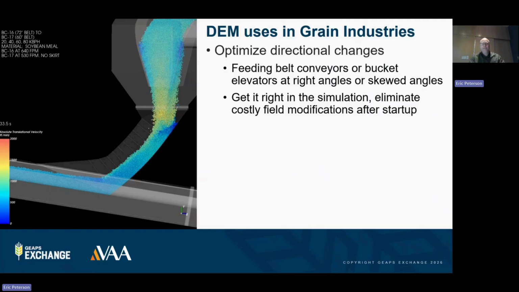Now you have to schedule a shutdown and weld in some plates and try it again. Maybe it works, maybe it doesn't, and then you're doing it again. And oftentimes people just give up after a time and just run at a reduced rate. So this will allow you to eliminate that from the equation, get it right the first time, and avoid those costly startup fixes, the trial and error fixes.